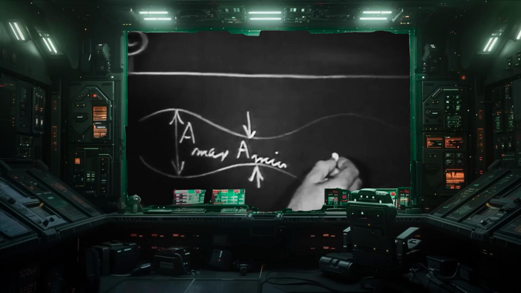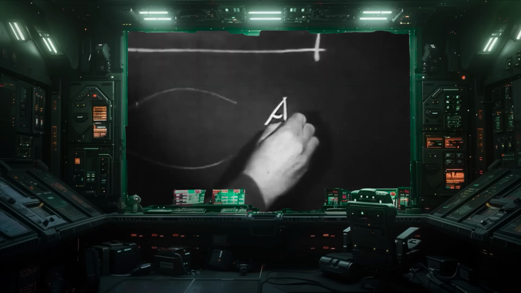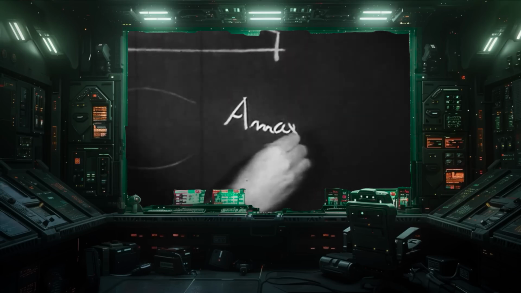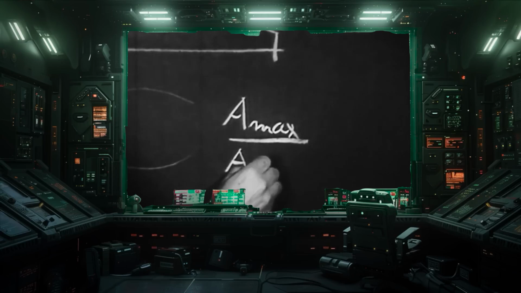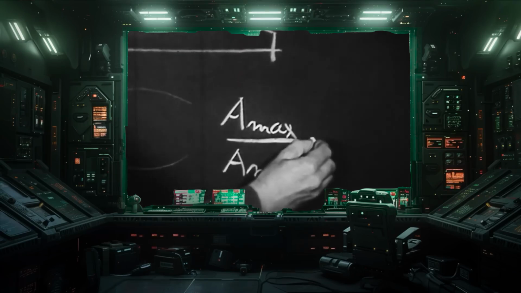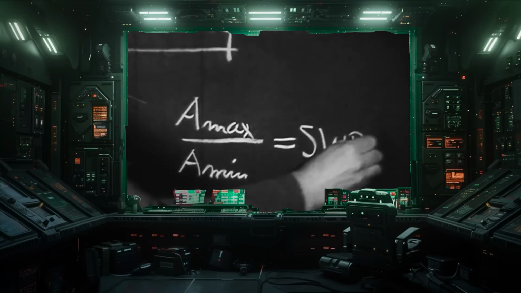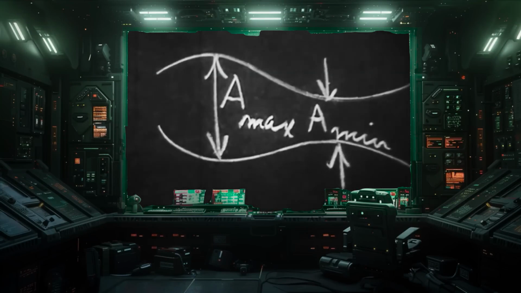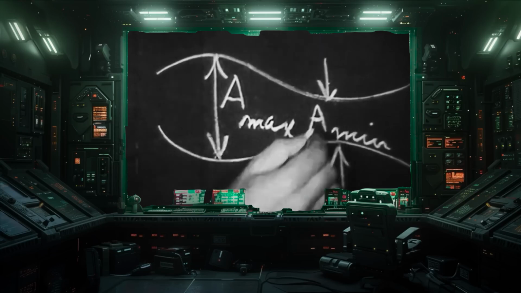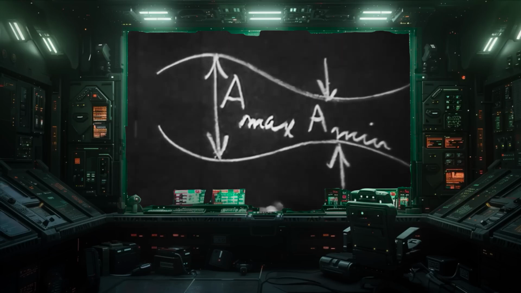Now in wave theory, the ratio of A max to A min has a particular significance. It is called the standing wave ratio, abbreviated SWR. On the wave machine, the standing wave ratio is about 3:1.